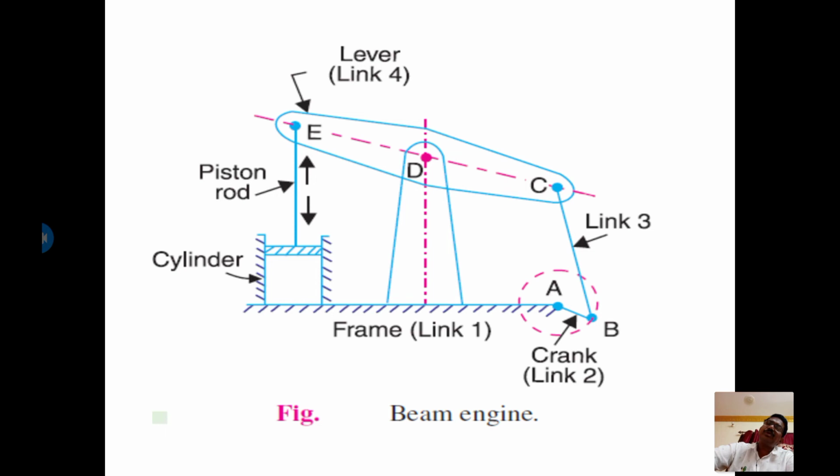As the piston reciprocates inside the cylinder, the lever oscillates, which causes the coupler to move, and that causes the crank to rotate. BC is the coupling rod, the connector between the lever and the crank. So this is about the beam engine.